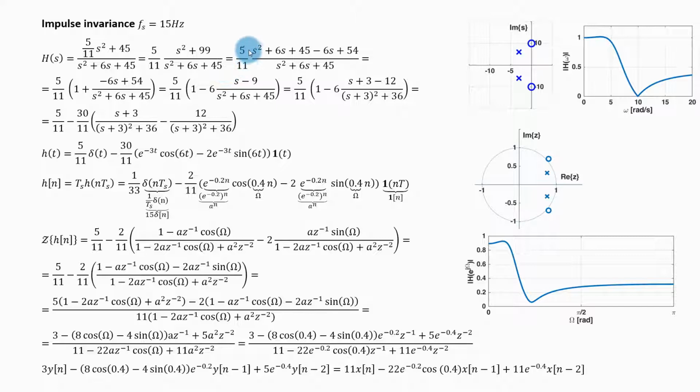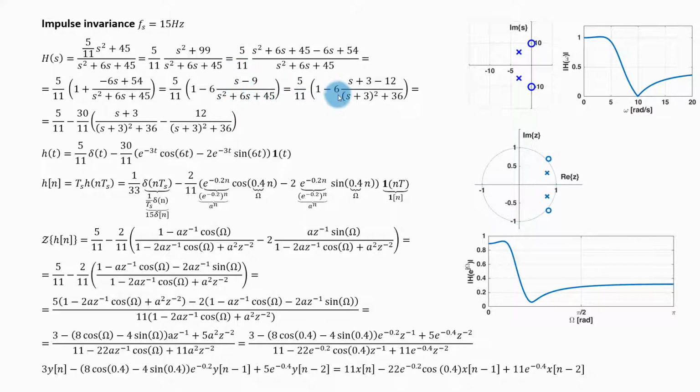Now I will divide this part of the numerator by the denominator and this part of the numerator by the denominator, which will give me this. Now I will extract this minus 6 in front of the fraction, which will leave me with this numerator.